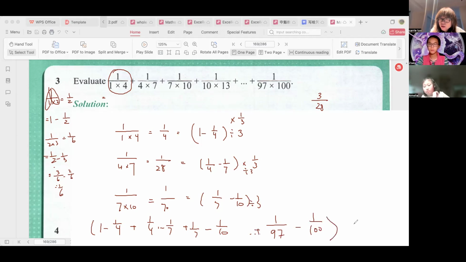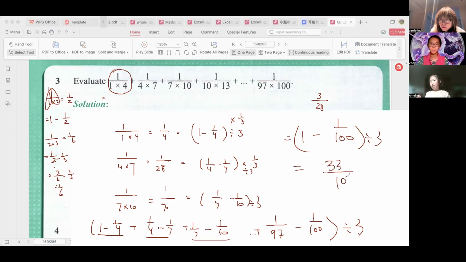But on the bottom, every single term I divided by 3, divided by 3, divided by 3. So I have to divide it by 3 for the last one. Get it, Amelia? Okay, so we have 1 minus 1 over 100, but you need to divide it by 3. So the answer is 33 over 100.